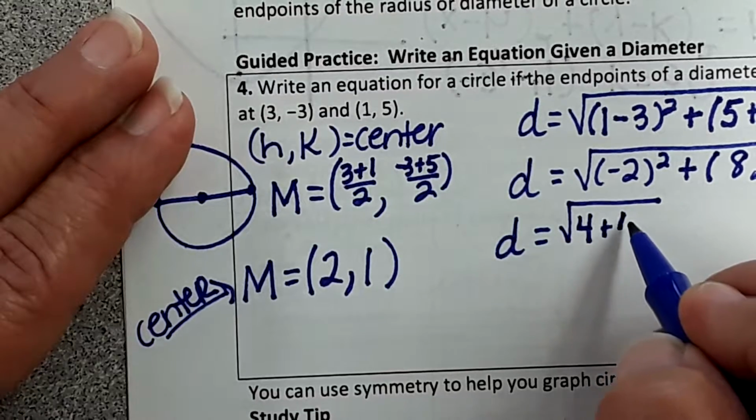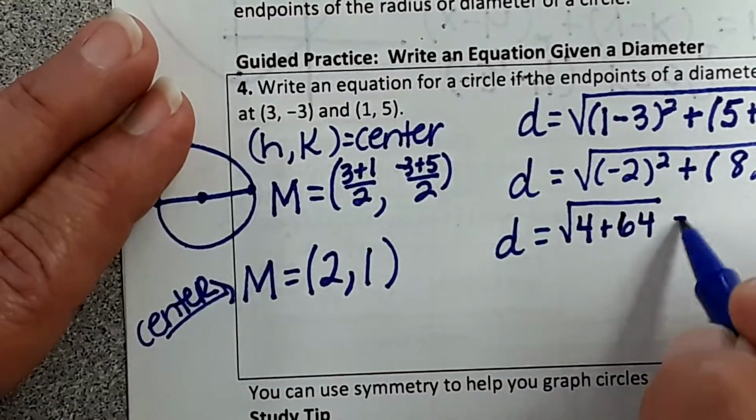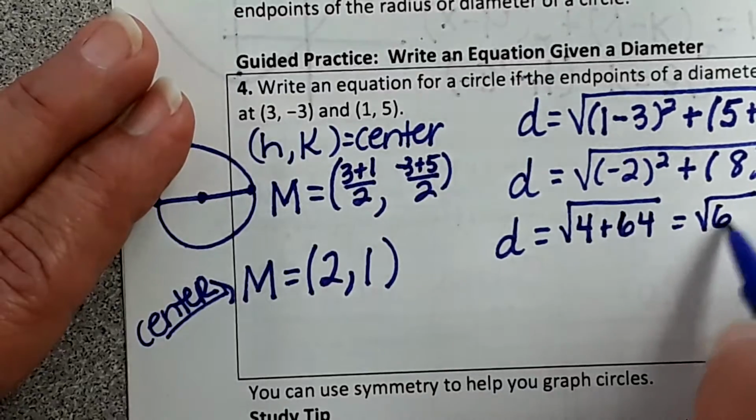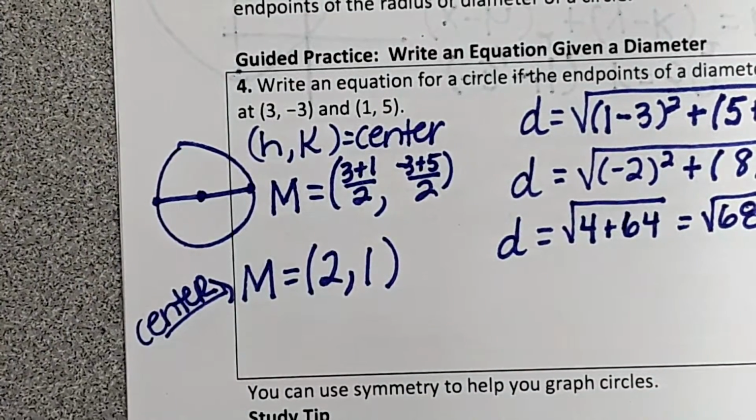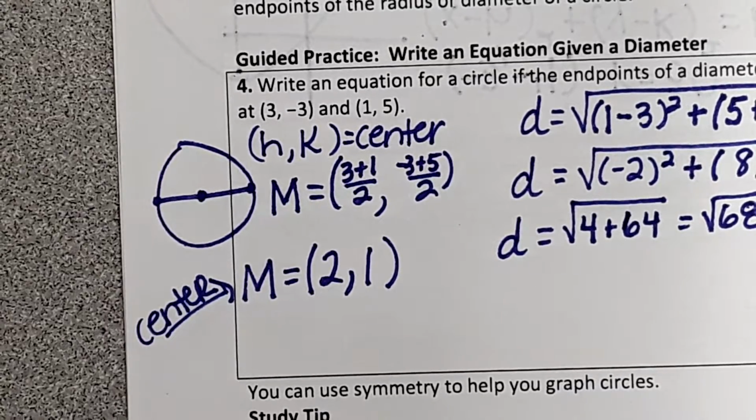What's 8 squared? 64. So our distance is the square root of 68. This is why it's important that no decimals are used, because of what we're going to do at the end. So we need to simplify 68.